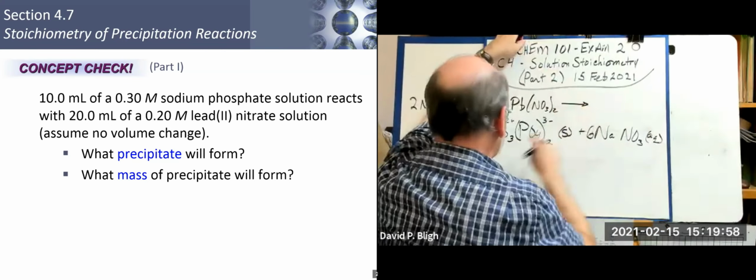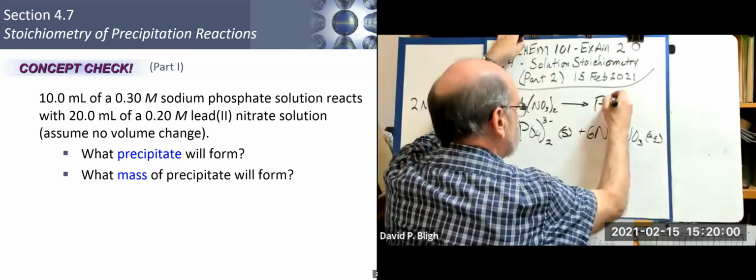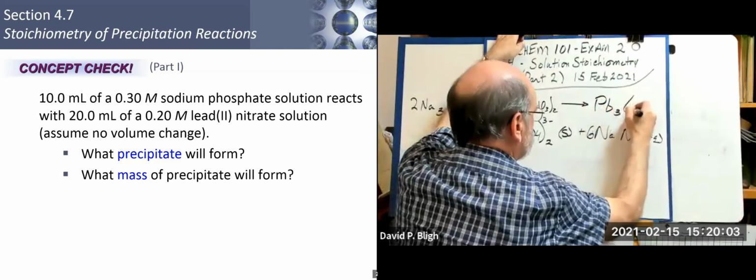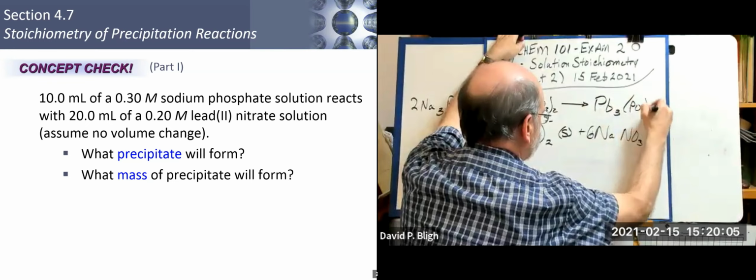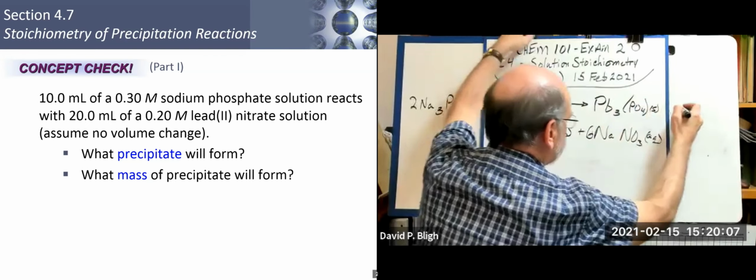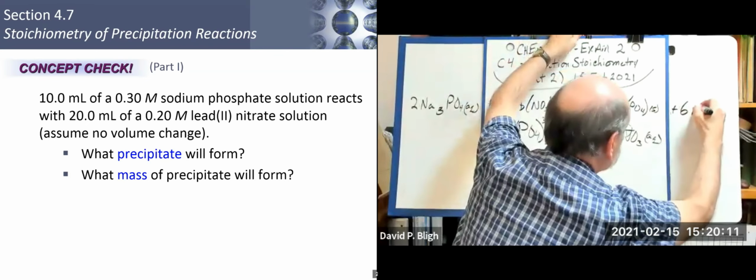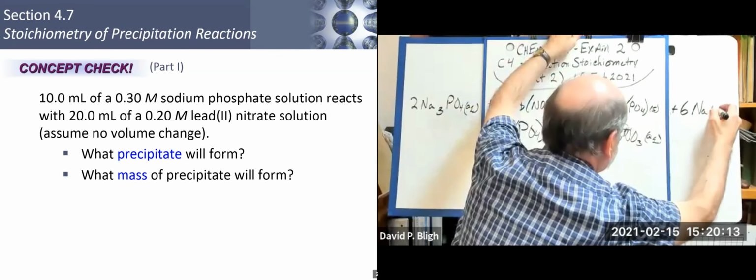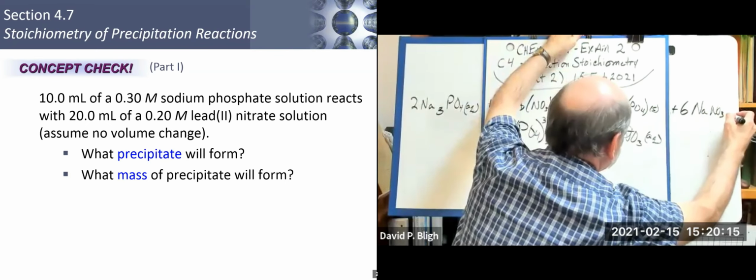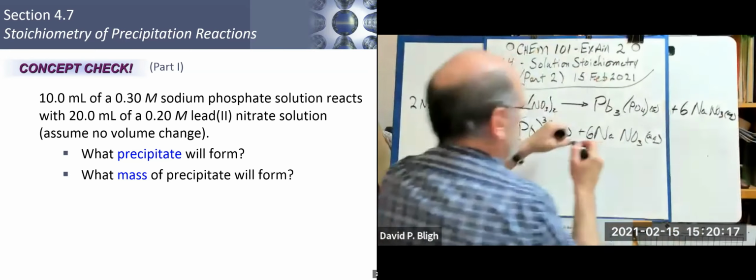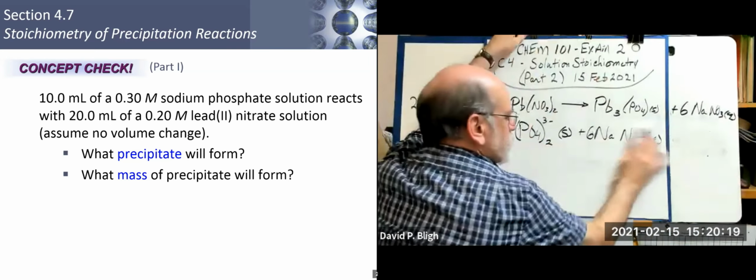Yields lead 2 phosphate plus 6 sodium nitrate. There we go. Now we can do stoichiometry.